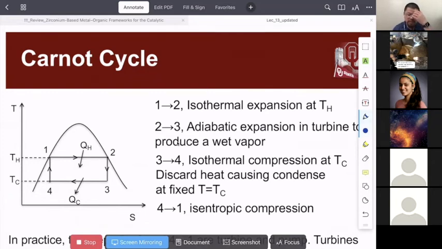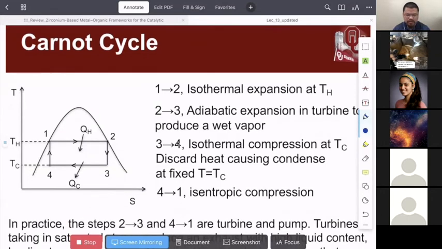If we take a look at the Carnot cycle, and put it into no longer a PV diagram, but a TS diagram, we identify the two isothermal processes and two adiabatic reversible processes where you are going to have the same entropy, right?